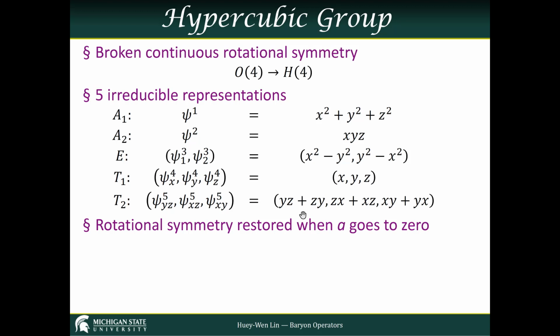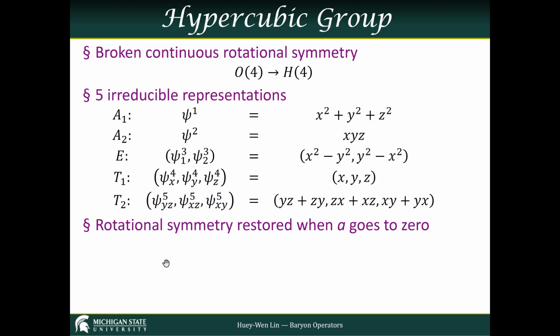And then the sort of conjugate to that would be pick one dimension and don't include it, but include the other 2 dimensions in a way where they are equally treated. So we have here yz plus zy. You see x is special because it's been taken out. Then zx plus xz, xy plus yx. So this is what we would think of as being sort of an axial vector group. And this one we call T2.